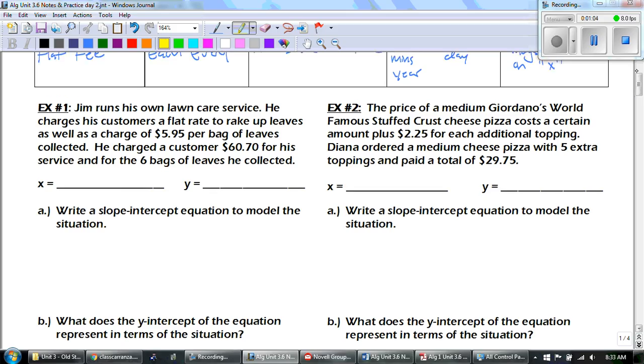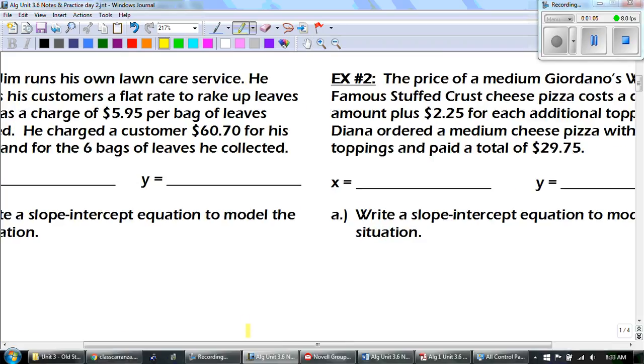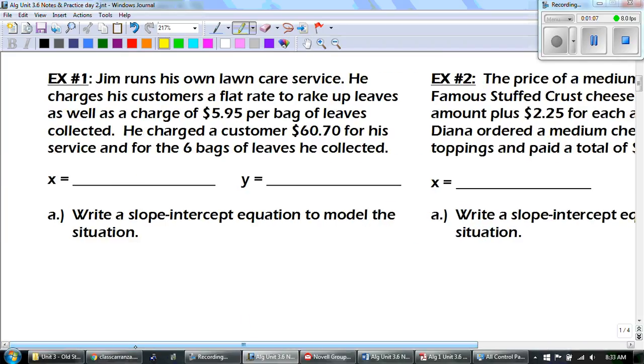Okay, so number 1, it says Jim runs his own lawn care service. He charges his customers a flat rate. Okay, that's what we're looking for, flat rate to rake up the leaves, as well as $5.95 per bag.